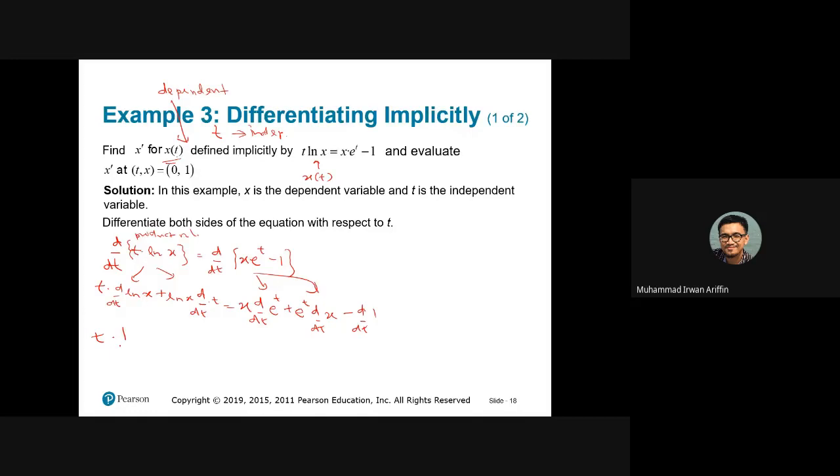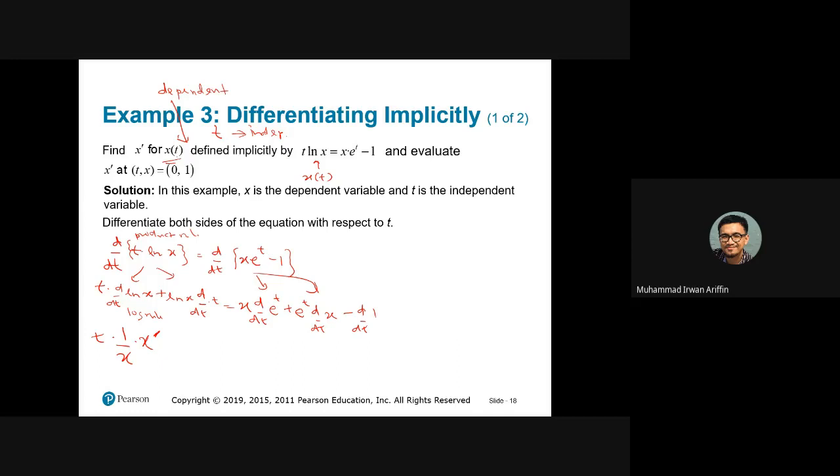So this would give us 1 over x, right? The logarithmic rule. And don't forget, there is a t inside. So that's why we need to multiply this with x prime, because we are differentiating this term with respect to t.